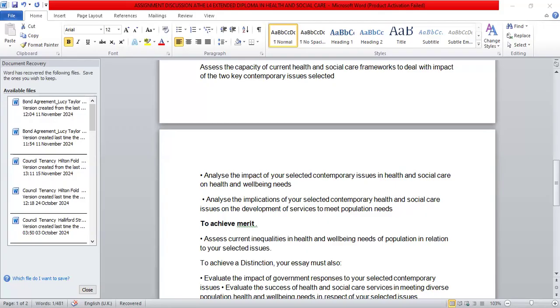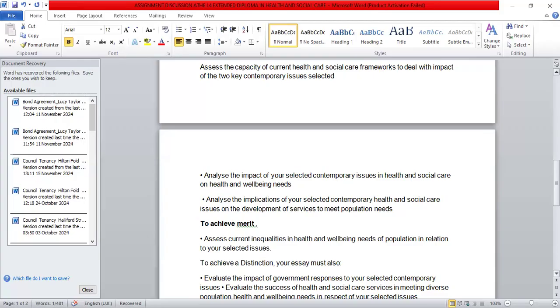Yeah, let's look at 2.3, the next task. I'm referring to this task: analyze the impact of your selected contemporary issues in health and social care on well-being.